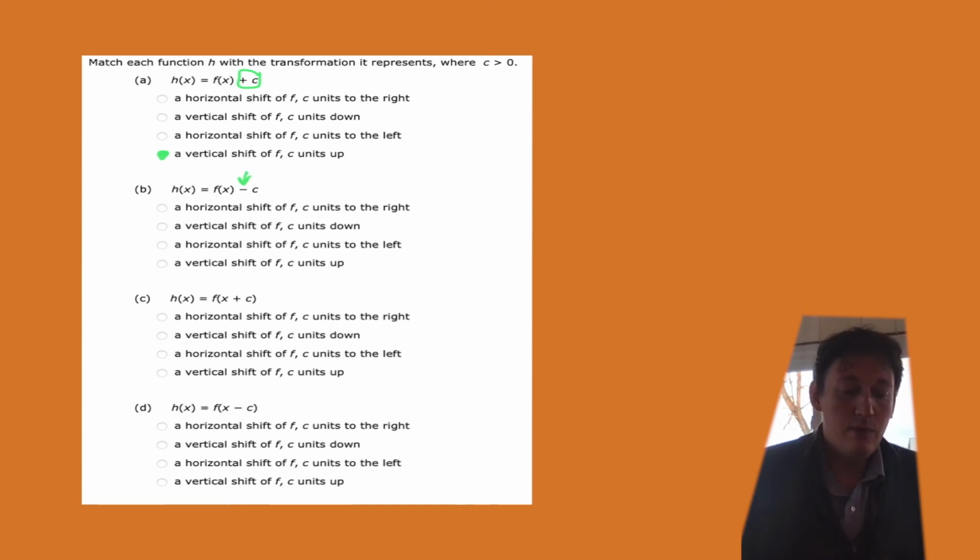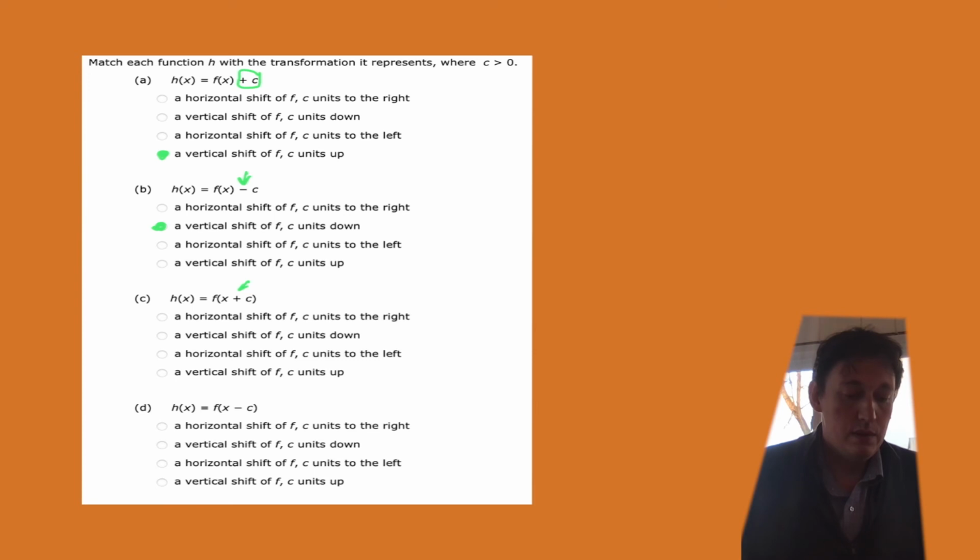On the outside with a negative, that's going to move it down. Therefore, this one is a vertical shift of f c units down. C is just a constant.